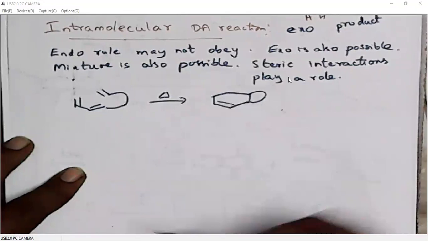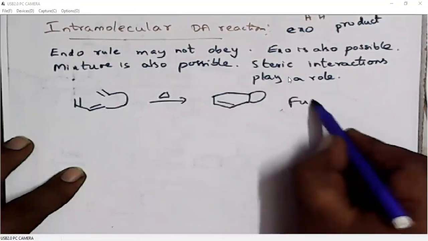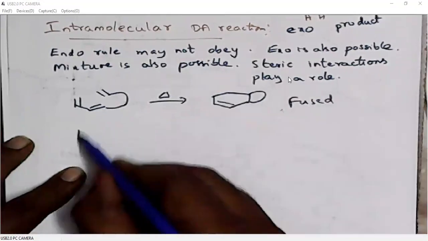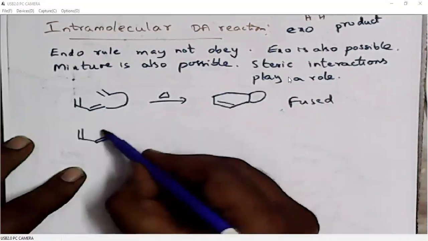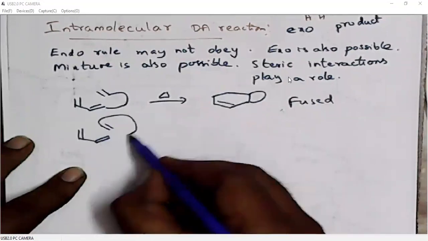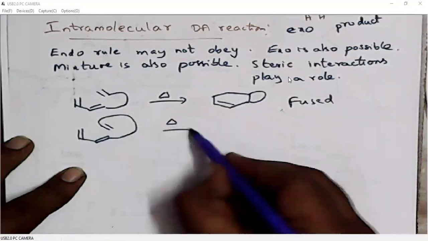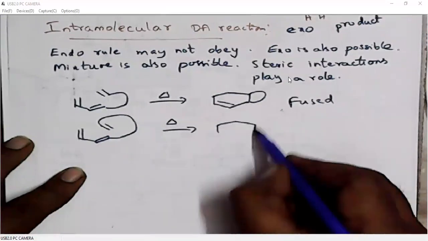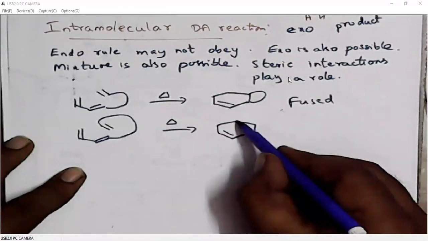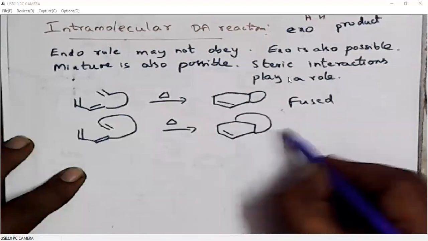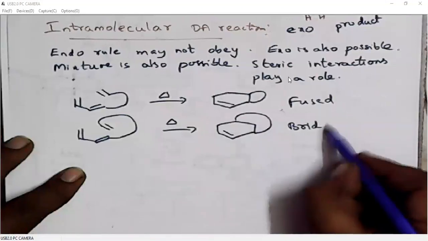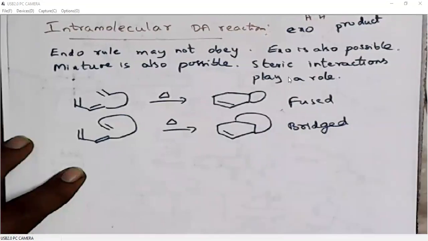Okay, so it is a fused ring system, but if the configuration is different, like this, then we will get a bridged bicyclic system.